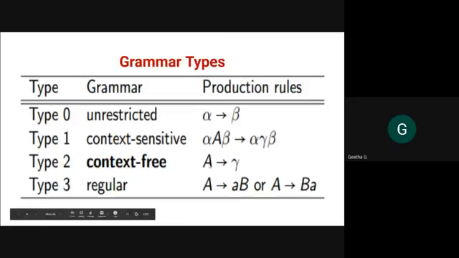So A tends to gamma, with only one non-terminal on your left hand side. That is the only condition. And on this side, any number of terminals, non-terminals, epsilon may be present. That is context free. Here context sensitive replaces only with the context, but that is free here. But the condition is only one non-terminal has to be on the left hand side, right?